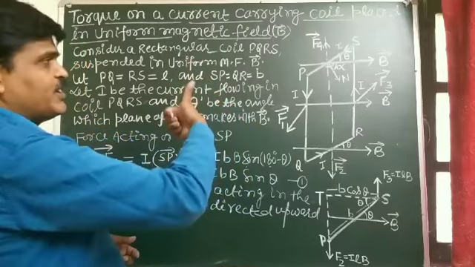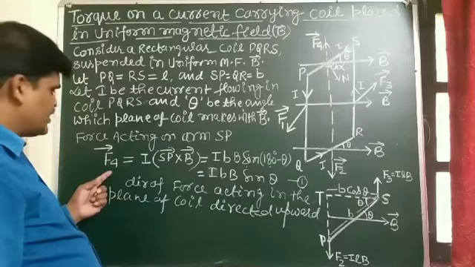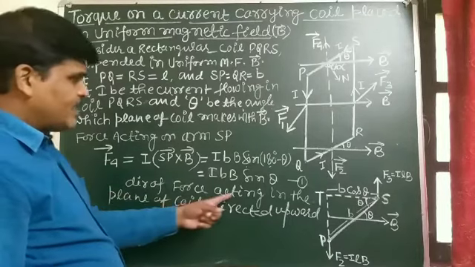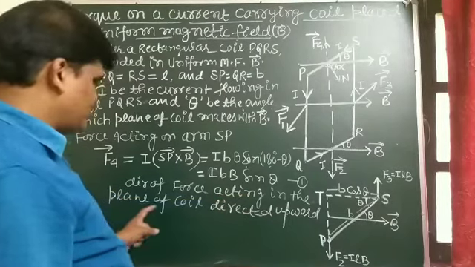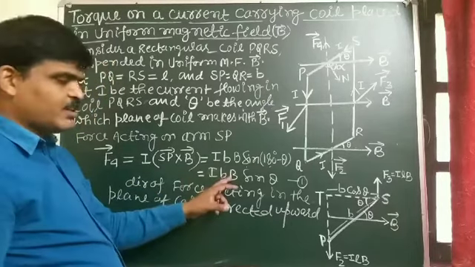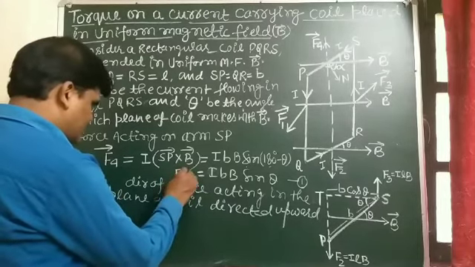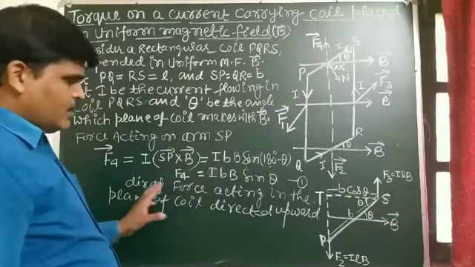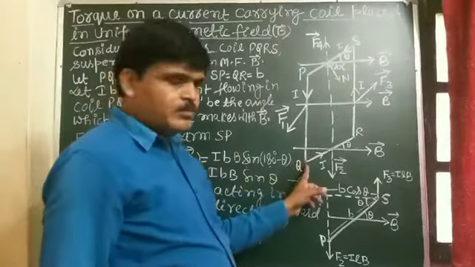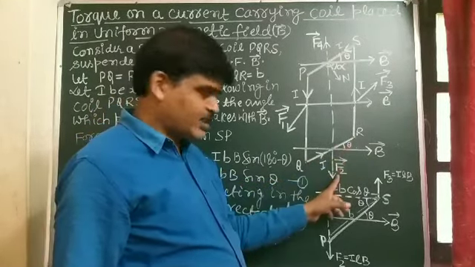So the force experienced by arm SP is upward. So the direction of the force F4 acting on arm SP is in the plane of the coil, directed upward. Student, this is equation number 1 and this is the magnitude of force F4.